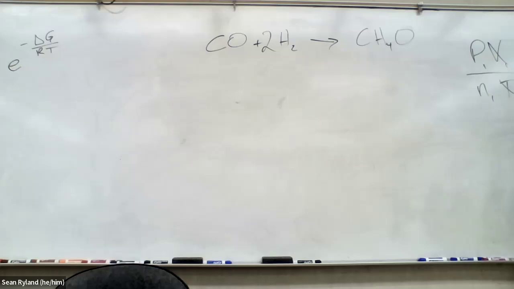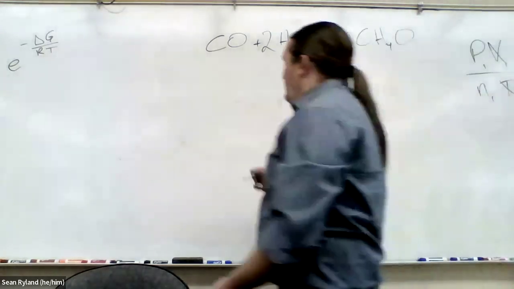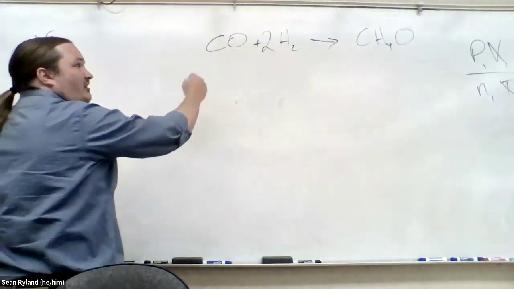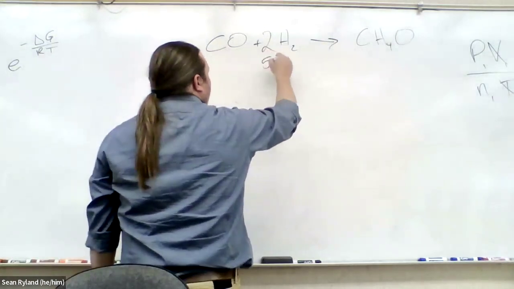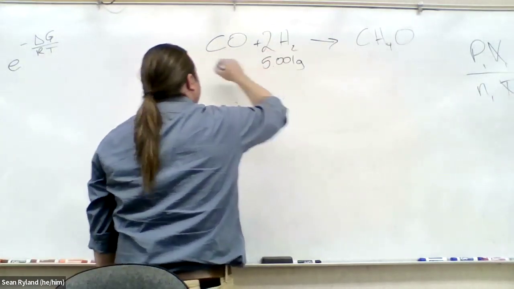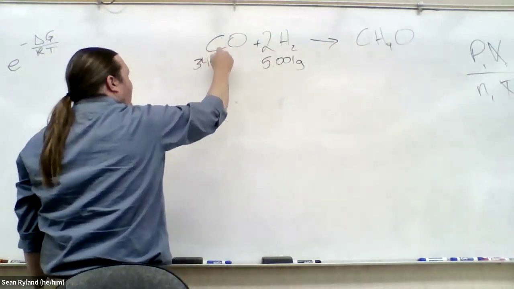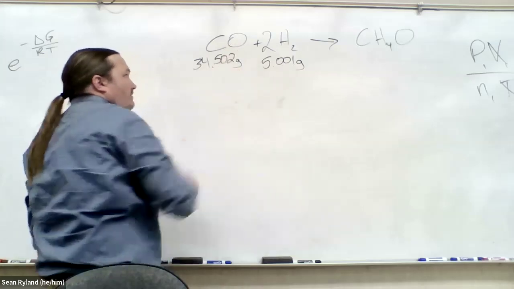If we know the starting pressure, we can figure out our starting number of moles too, right? Just from molecular weights. If we want to know the final pressure, we need to know the final number of moles. So how can we solve that? 5.001 grams, 34.502 grams.